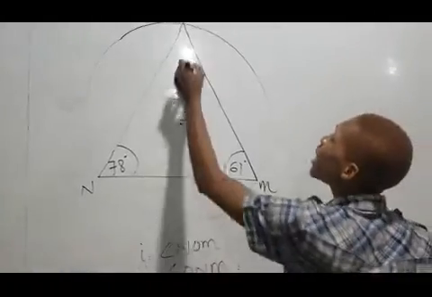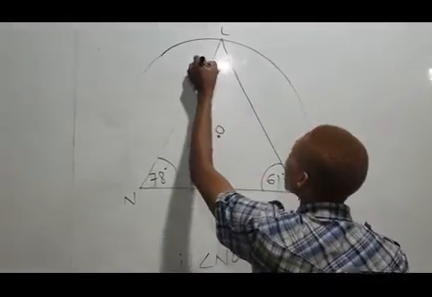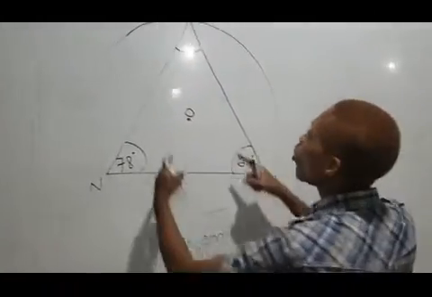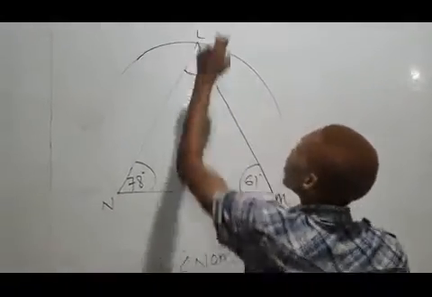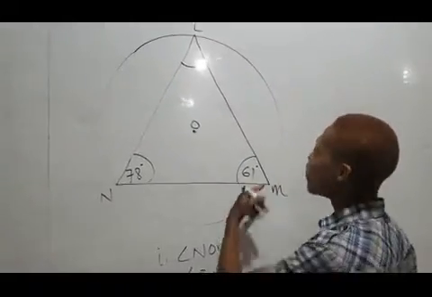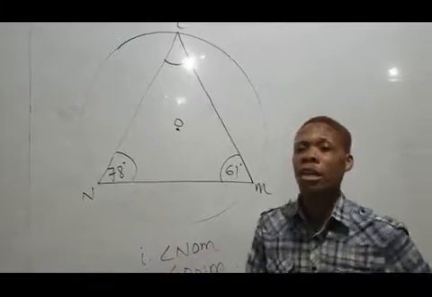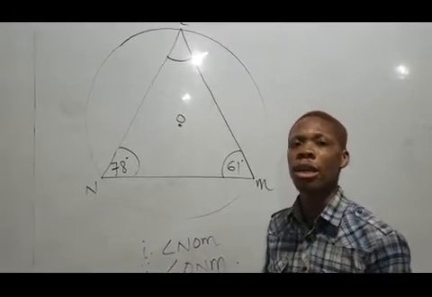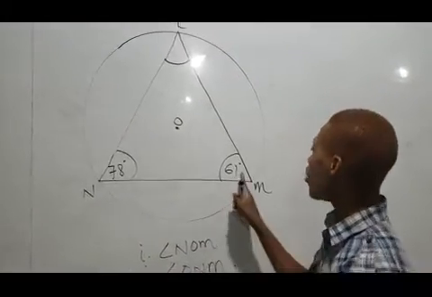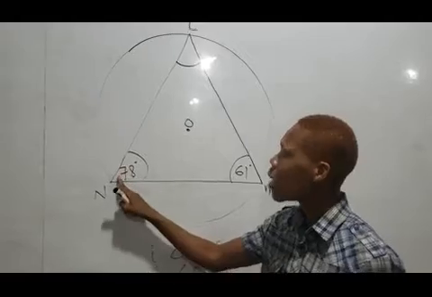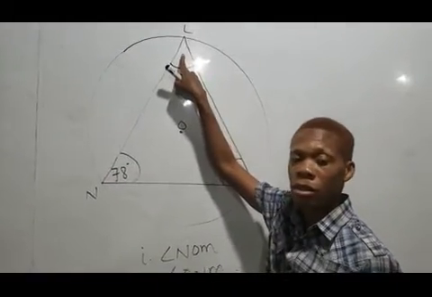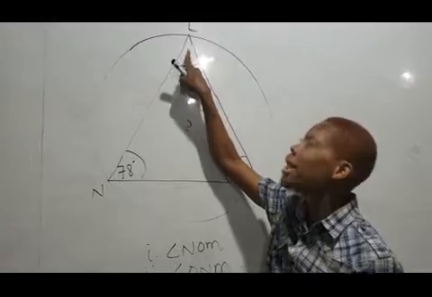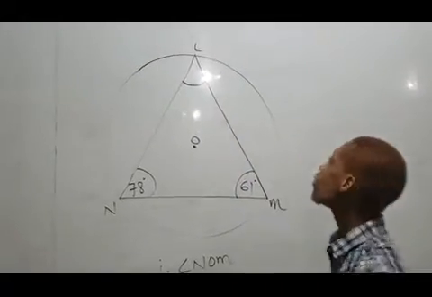But we can easily get the angle at the circumference, which is the angle L, because the question said MNL is a triangle. So if MNL is a triangle, then the sum of angles in a triangle should give us 180. I know the angle at M and I know the angle at N, so we can easily get the angle at L. So we first find the angle at L.